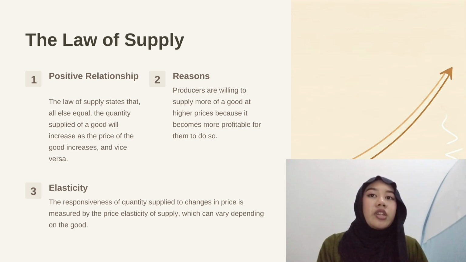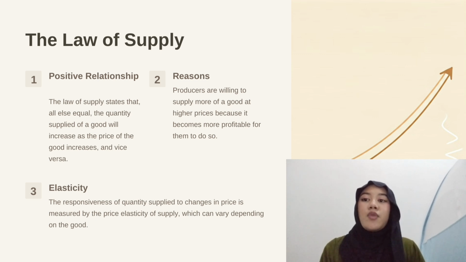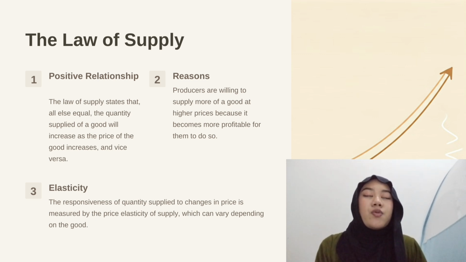Producers are willing to supply more of a good at higher prices because it becomes more profitable for them to do so. 3. Elasticity. The responsiveness of quantity supplied to changes in price is measured by the price elasticity of supply, which can vary depending on the good.